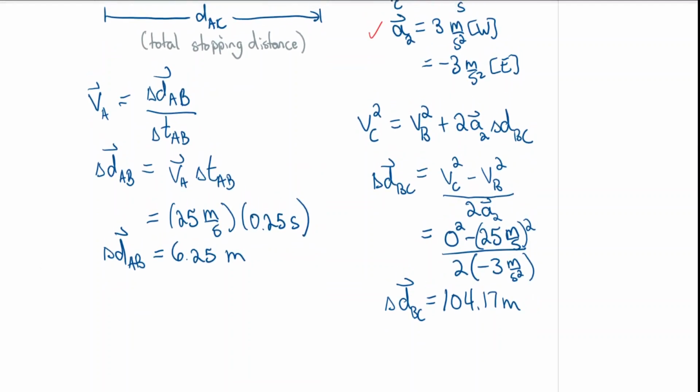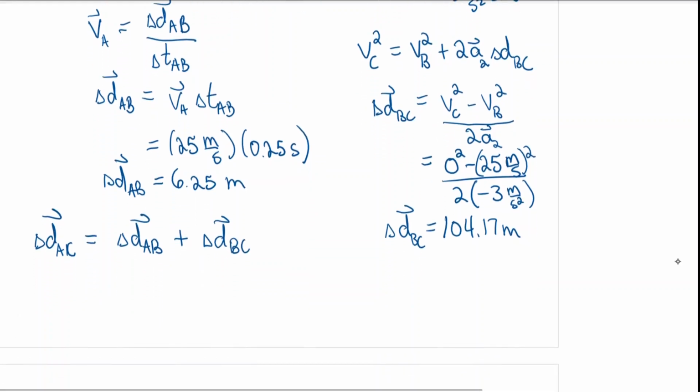So if we're looking at the total stopping distance, sometimes called total braking distance, that is going to be our first interval's displacement, where we're just kind of reacting, processing it. And then here is our actual deceleration. This is how far we traveled there.